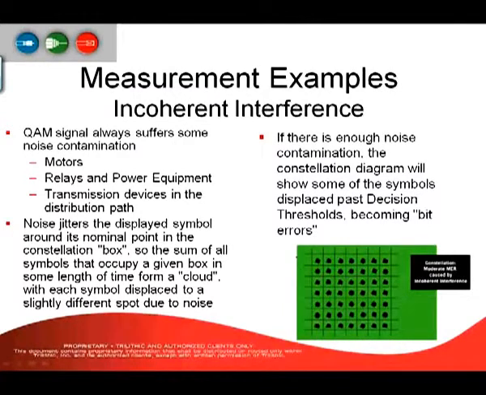Now, incoherent interference is more of a random noise that kind of comes through the screen. That's going to give the impression that the bits are pushed away, or kind of gives a cloud effect in the constellation pattern.